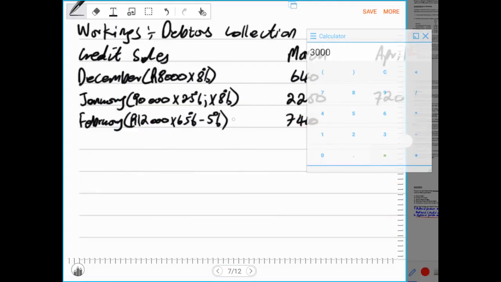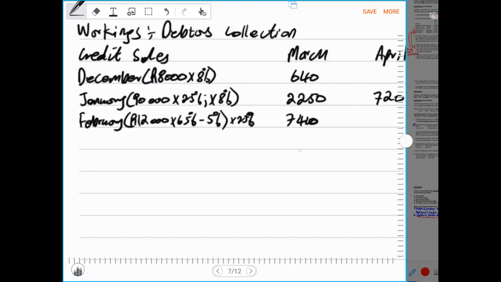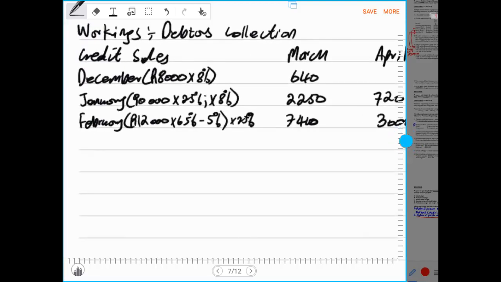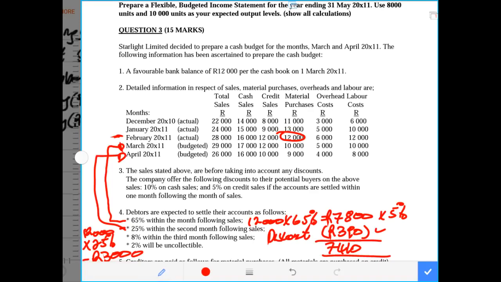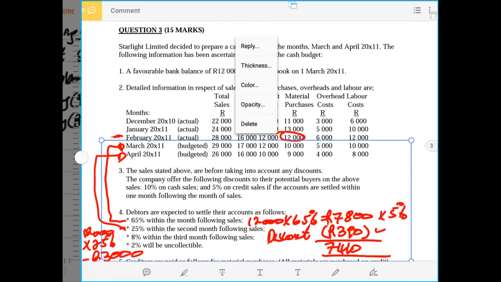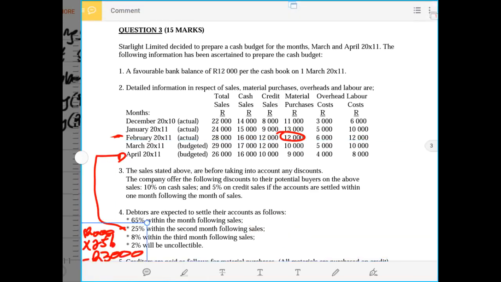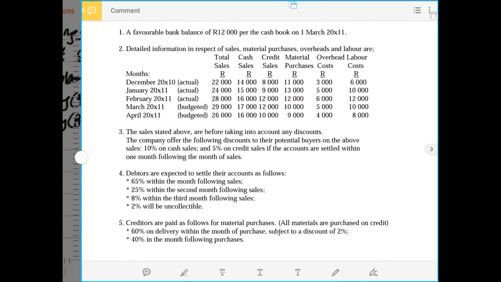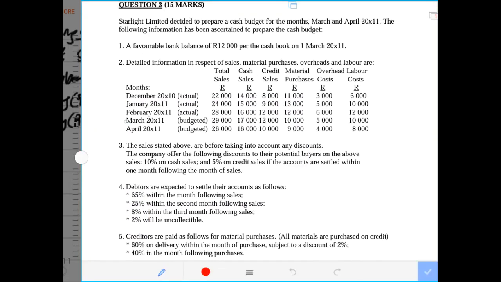Therefore now in that 12,000 we times it by 25%. Then that will give us 3,000 rands for the collection of the month of April. Then after we go to the next month, and the next month is the month of March.